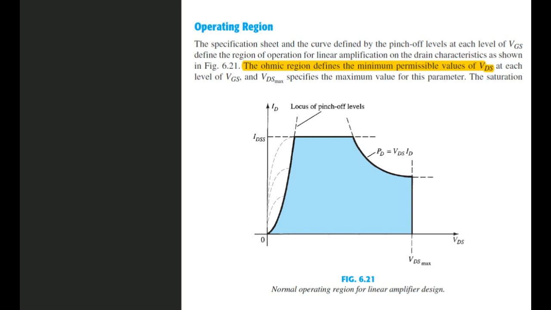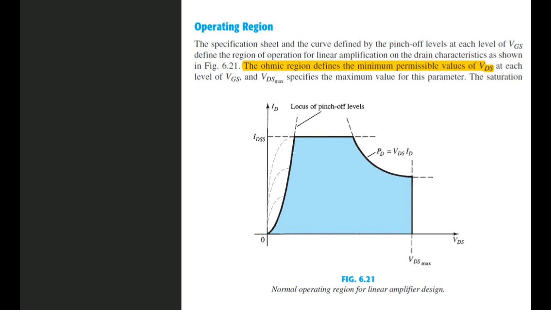We cannot exceed IDSS, so we have curves like this, and if we increase VDS, there is also a condition for VD max, so we can go to this level maximum, and also we can go to IDSS on the y-axis.